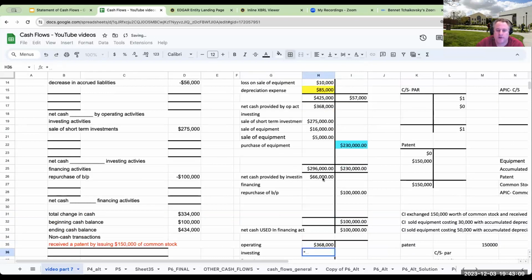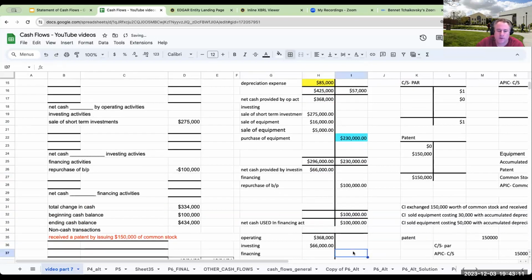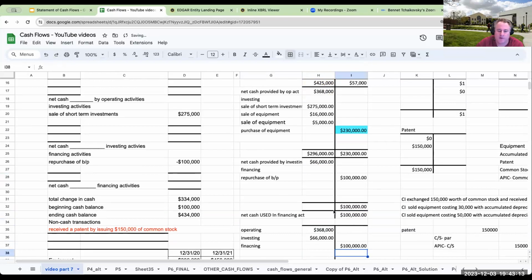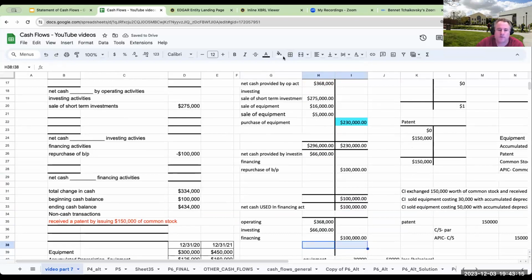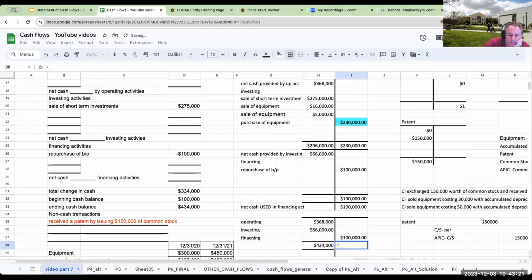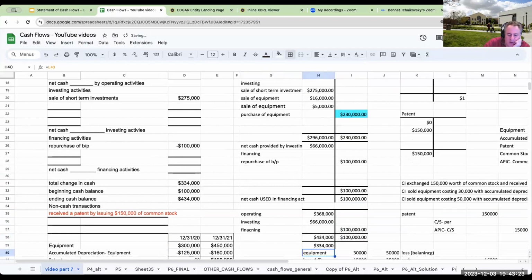My investing was 66, and my financing was 100. If I add these up and subtract the smaller from the larger, I get 334. So now I've dealt with this, and this is actually now balancing.